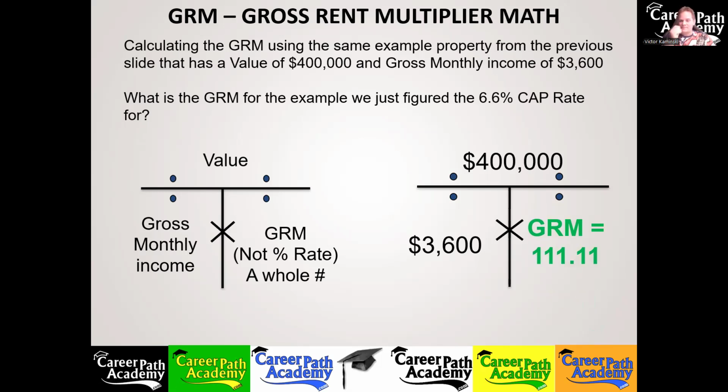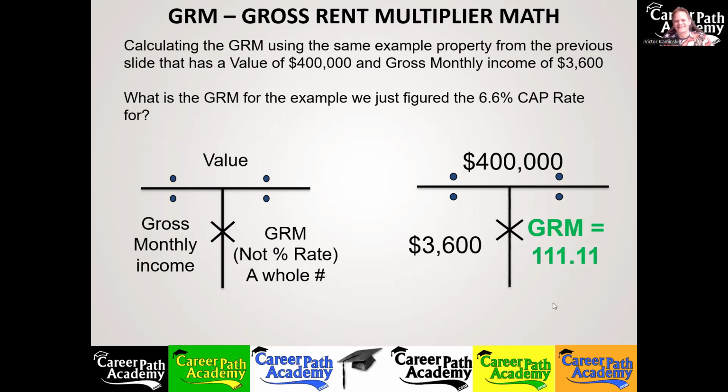Yeah. Okay. So that's the GRM for that property. Is that difficult to figure out? Especially when you have the reverse T formula, as long as you know what numbers to plug into it and you have the calculator in your hand, it's pretty easy to figure out. Just make sure that you punch in the right numbers.